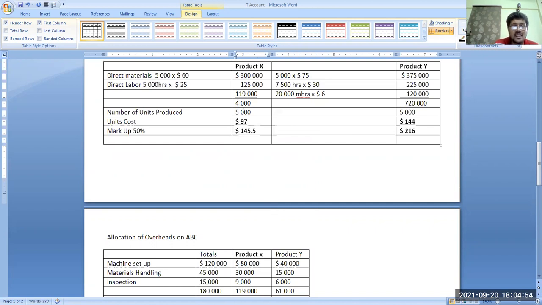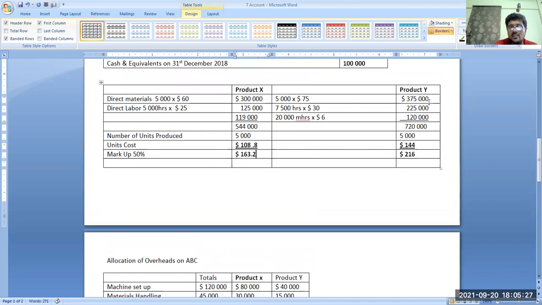Done. Divide by 5,000 units. So our cost is 108.8. Done. Now by adding 50% markup, it would be 163.2. Done. Okay.